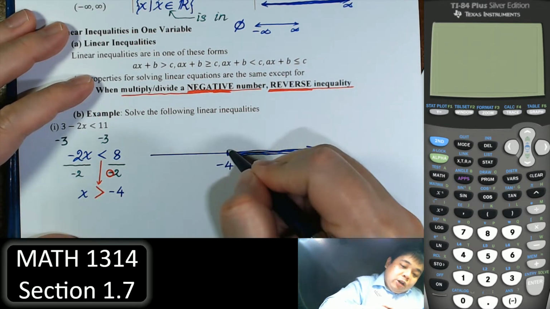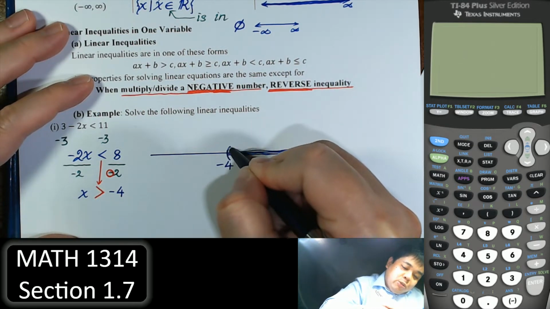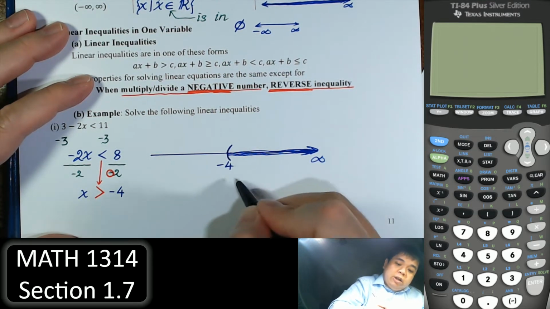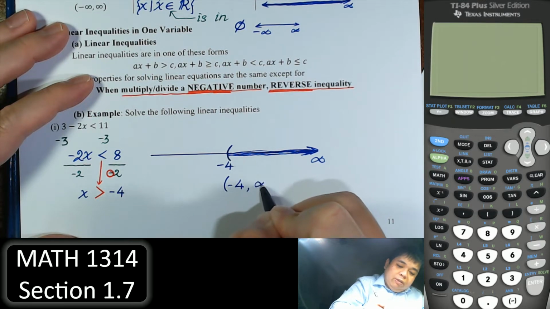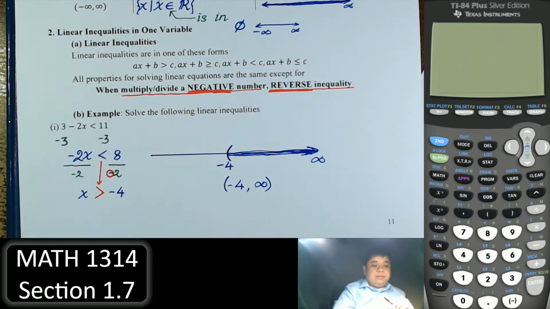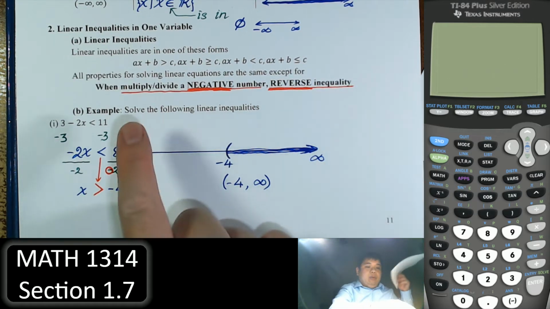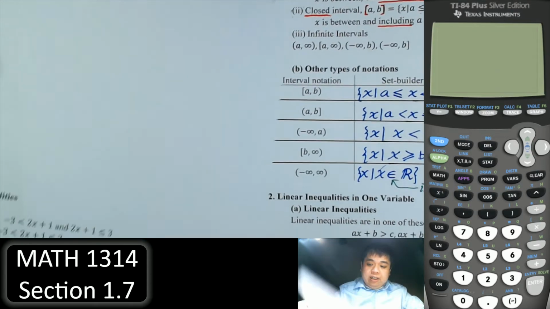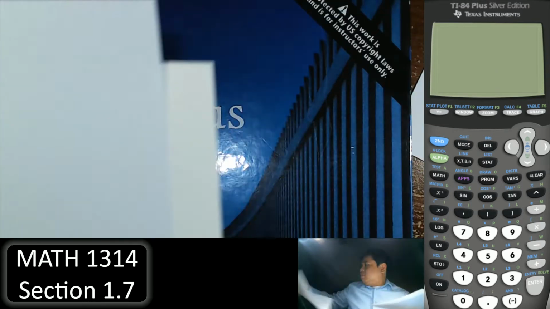And greater than not including, there's no equal sign, so we use the parentheses. Or in interval notation, we write from -4 to infinity. Right, so just like an equation, except for this rule: multiply or divide by a negative number, we need to reverse the inequality. Right, so that's that.